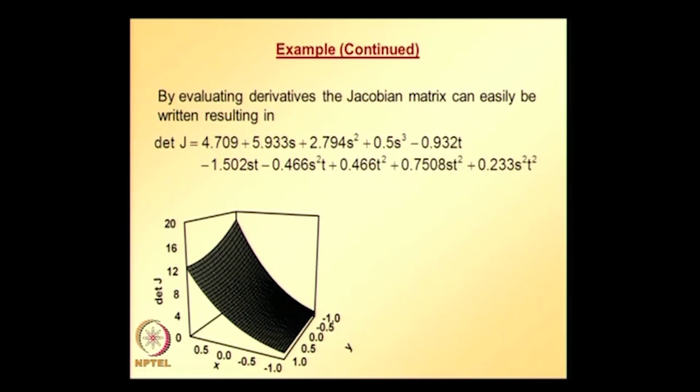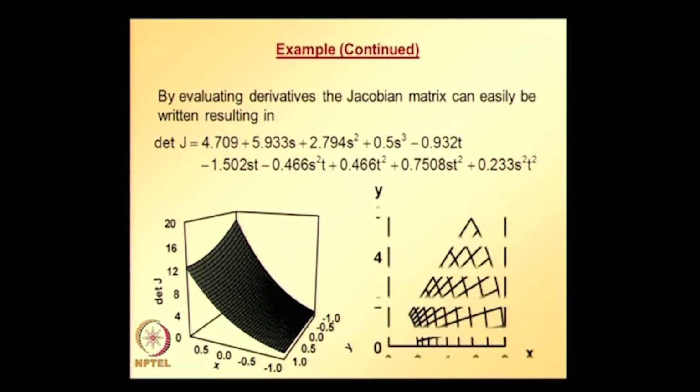The other way of checking is we can also plot x y, because we already obtained expressions of x and y with respect to s and t. So, we can plot that, and if you compare this figure with the actual element, you can see this is similar to, or exactly looking the same as, the actual element.